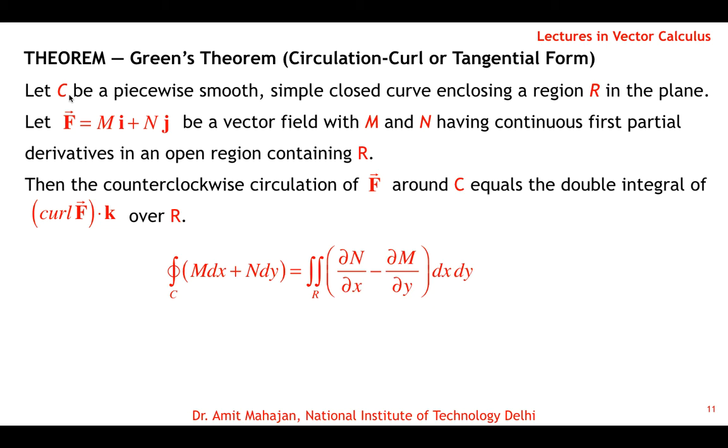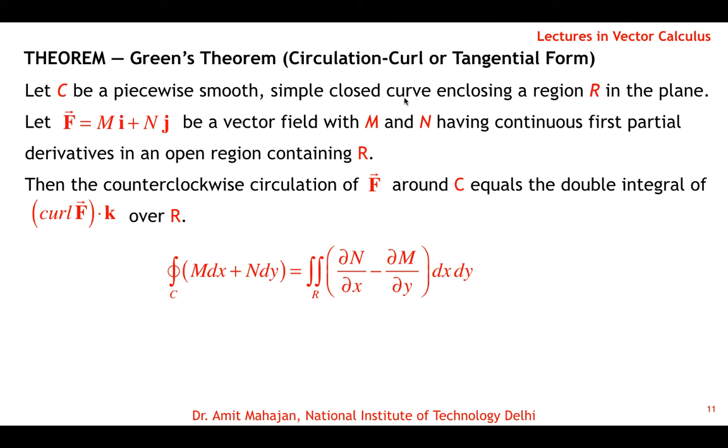Before we go on, we already know what is smooth and what is piecewise smooth: it has continuous partial derivatives along the curve. And it is a simple closed curve.